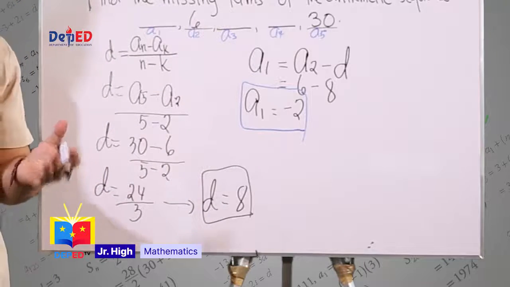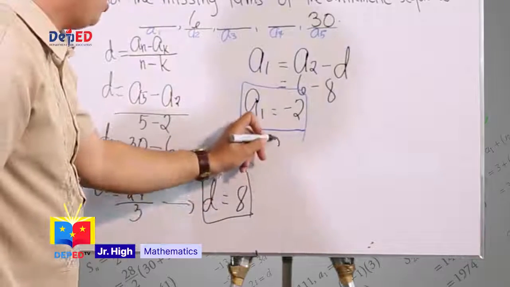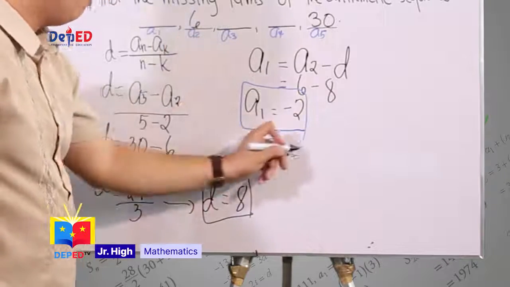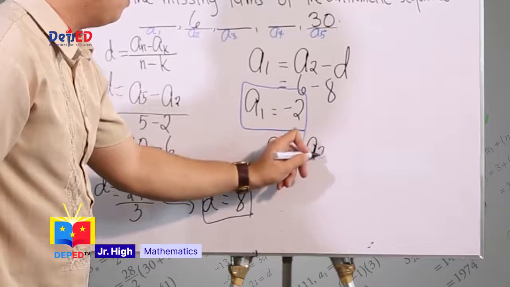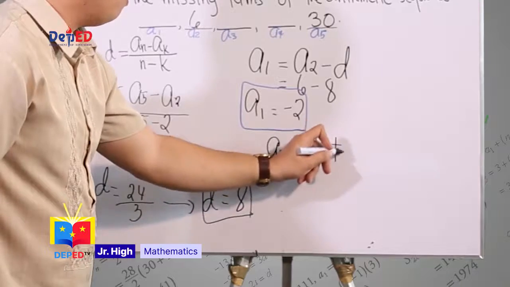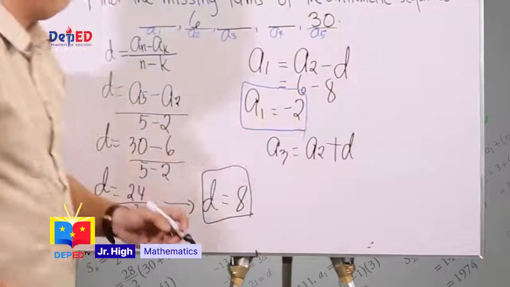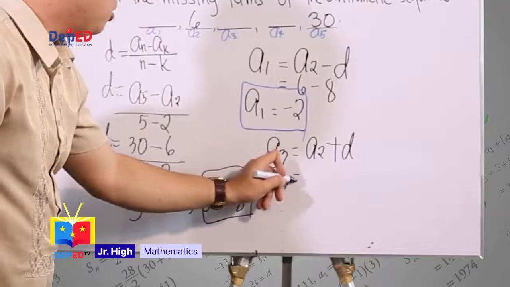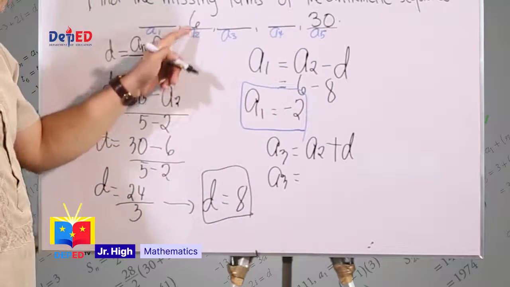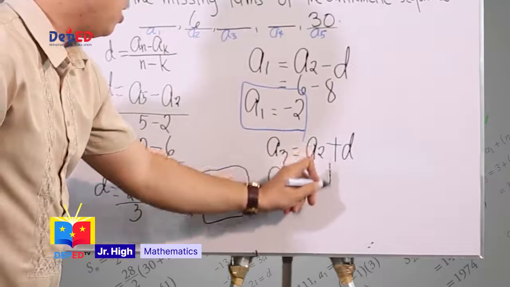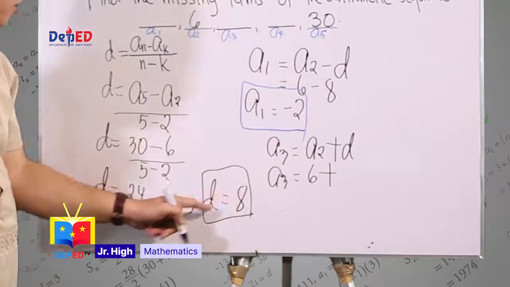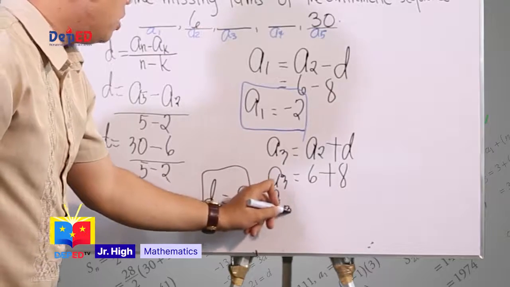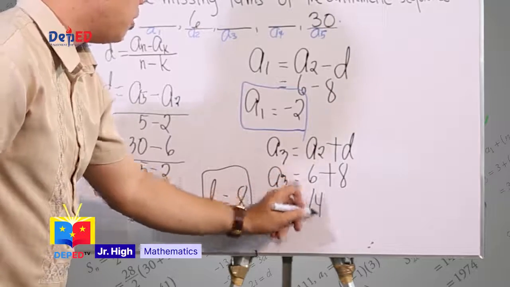For the third term, we will use a sub 3 is equal to the sum of a sub 2 plus the common difference. We will use the value for a sub 2, which is 6, plus the difference, which is 8. Our third term is now equal to 14.